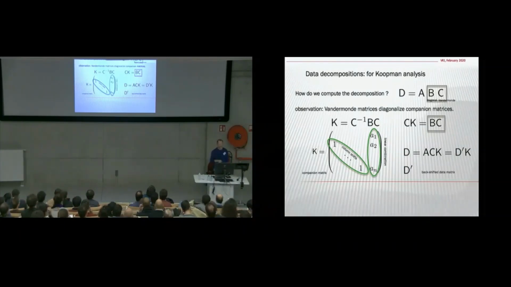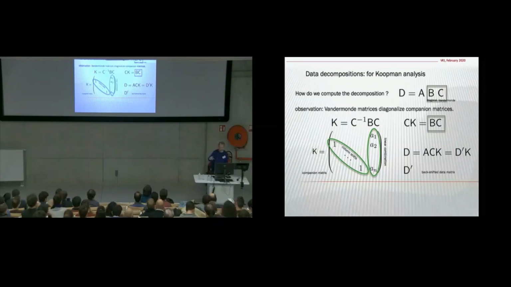So it looks like I don't know D prime, but by that trick of using a companion matrix, I actually got myself an algorithm to figure out what D prime is and what K is at the same time. That's how we do that.